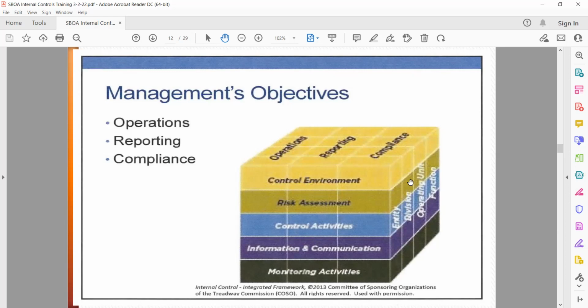Reporting objectives include both financial and non-financial information, internal and external to the unit, with an expectation of reliability, accountability, and transparency. This would include ensuring that required reports are filed on time and accurate, and that they reflect the true activity of the unit. Compliance objectives ensure the adherence to laws and regulations, local, state, and federal, that are applicable to the unit.